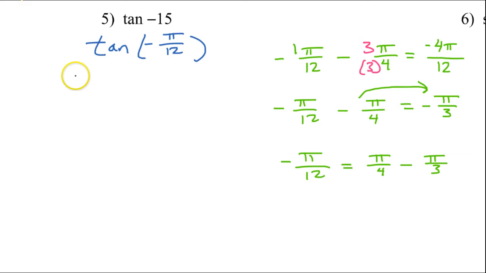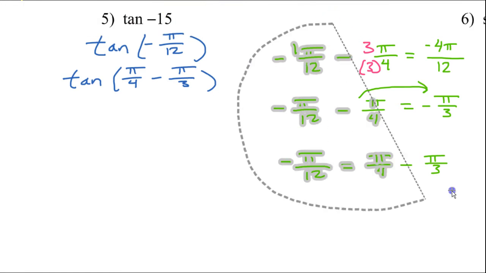This problem is the same as having the tangent of pi over 4 minus pi over 3. Alright, so now I've rewritten it using special angles that I can evaluate.